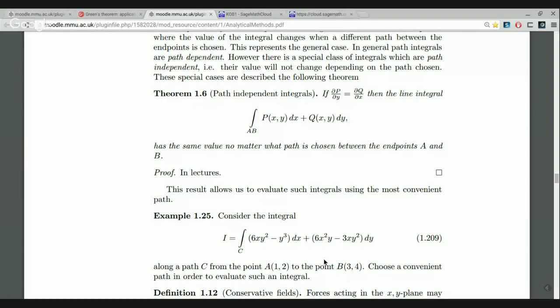So this is C11, C12, C13, C14, C15. You get the idea. Here's C21, C22, C23, C24, C25. So you split them up into these curves between the points of intersection.